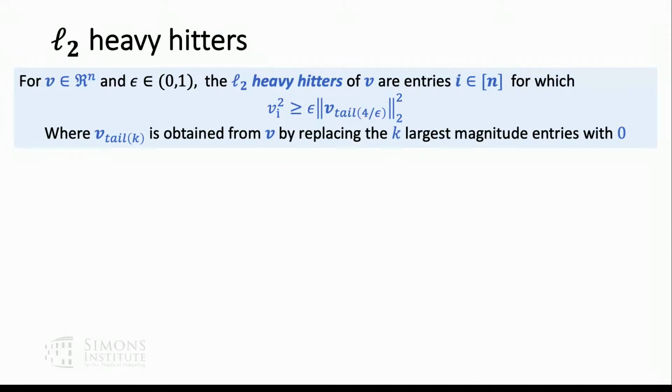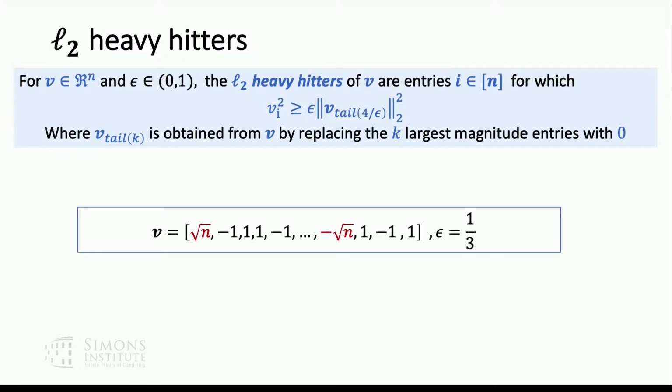Just a reminder, what are L2 heavy hitters? L2 heavy hitters are entries of the input vector that have at least epsilon of the L2 mass, meaning the entry squared is at least epsilon of the L2 norm squared. This is a refined definition that is more convenient in many settings.